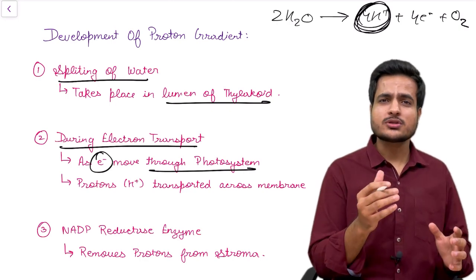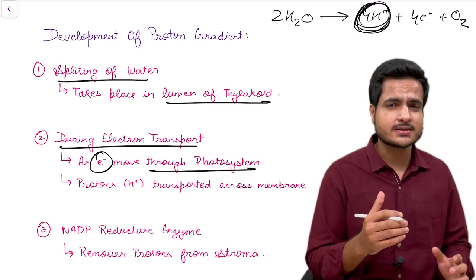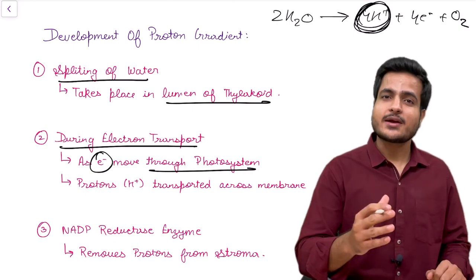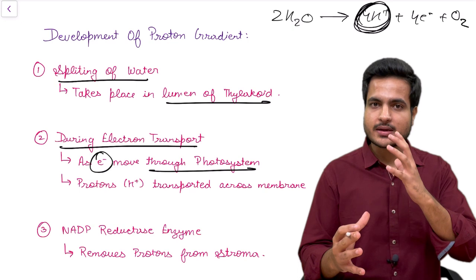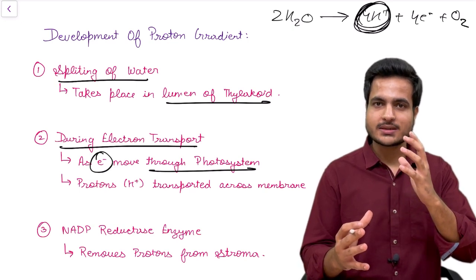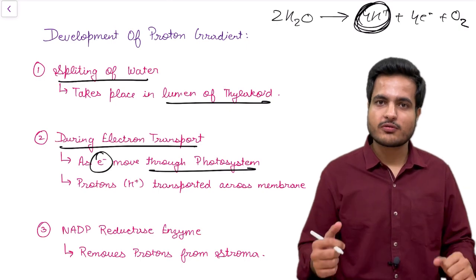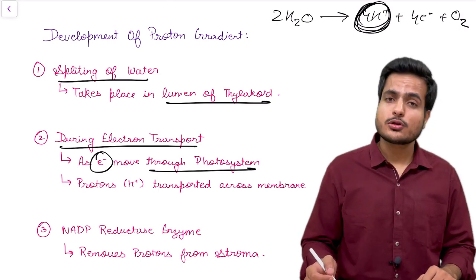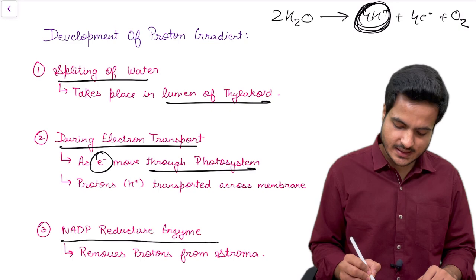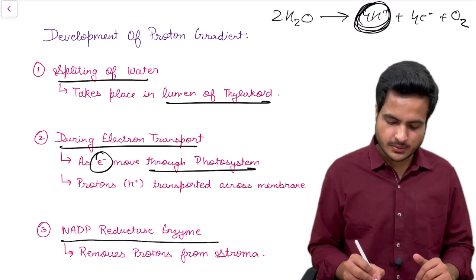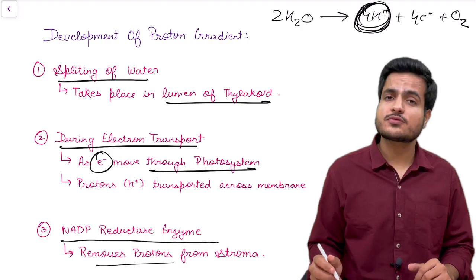Therefore, electrons take the help of hydrogen ions to move through that electron transport system. So these hydrogen atoms are taken up from the stroma of the chloroplast and sent to the lumen of the thylakoid. Also, the NADP reductase enzyme is present towards the side of the stroma, which removes H plus ions from the stroma.